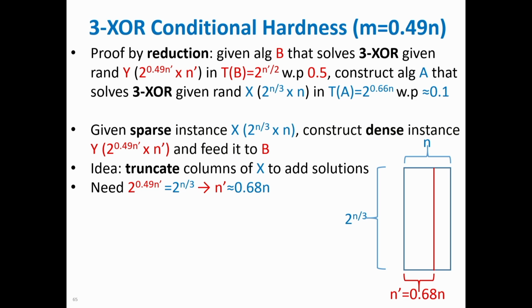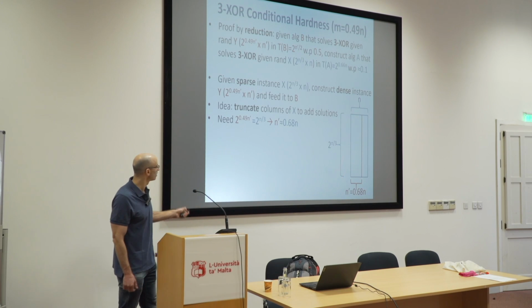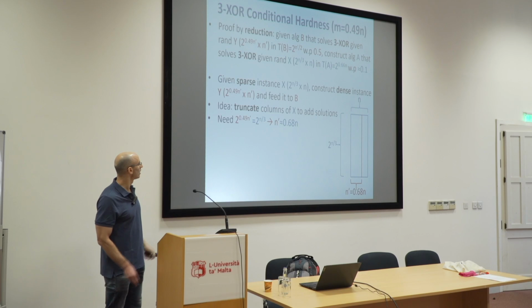That's just what we get. So it means that in order to apply this algorithm B, we need to truncate this part, and we need to remain with 0.68n columns of this matrix. That's what we need to do to run B.